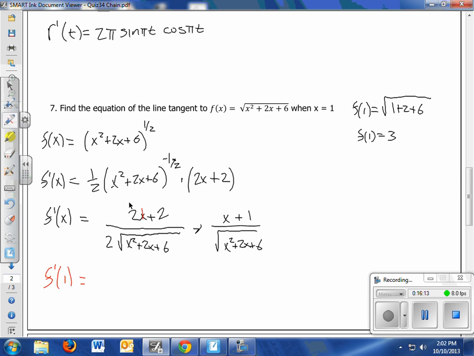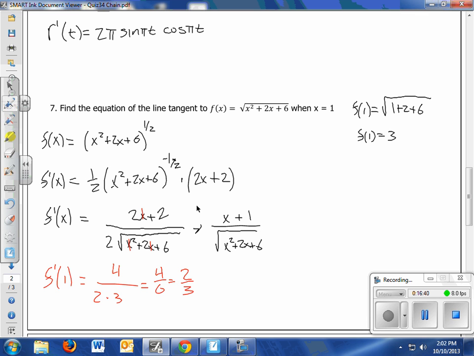So 2 times 1 plus 2 is 4, divided by 2 times the quantity, square root of 1 squared plus 2 plus 6, that's 9, so it's the square root of 9, which is just 3. So you got 4 over 2 times 3, which is 4 over 6, which is 2/3.